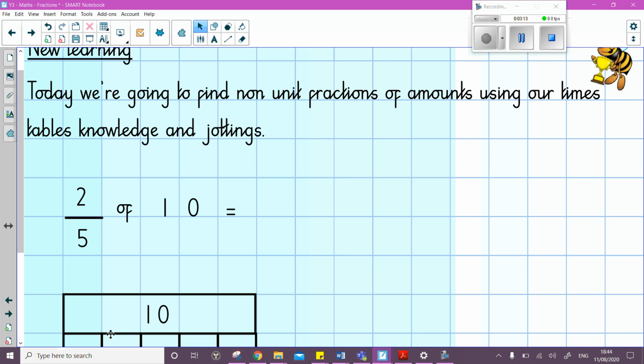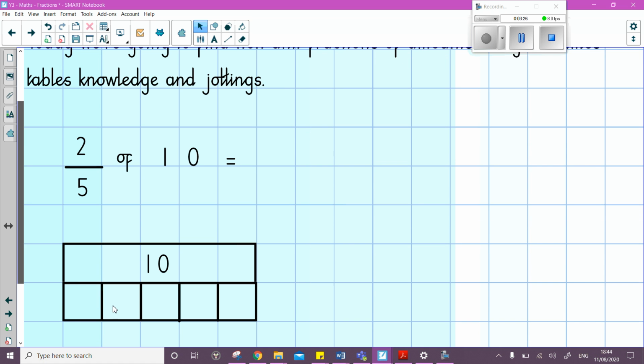Let's say they are tennis balls. So we've got 10 tennis balls and we are sharing them into 5 equal groups, and the reason I know that is because my denominator is 5. So below I have shared 10 into 5 equal groups.